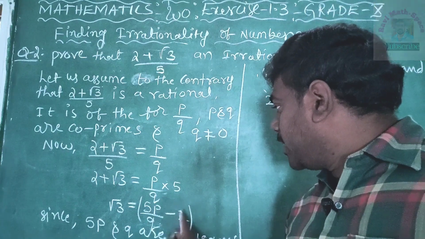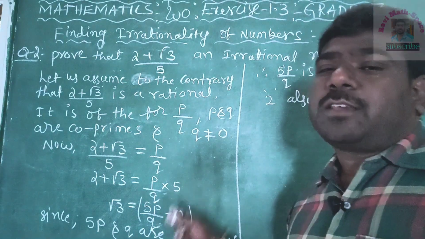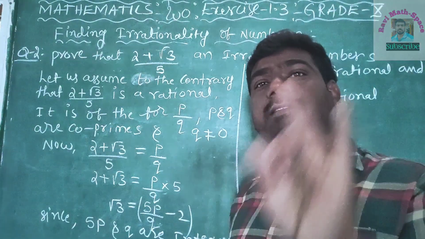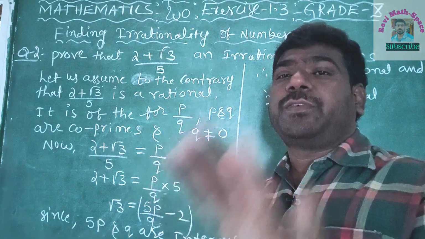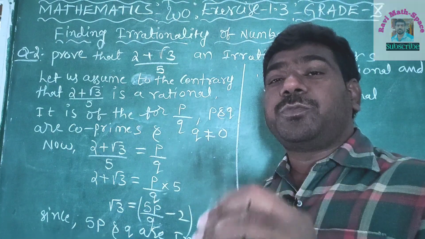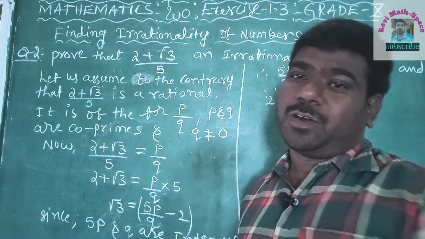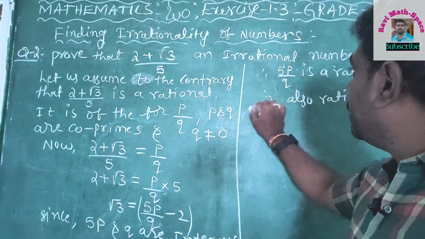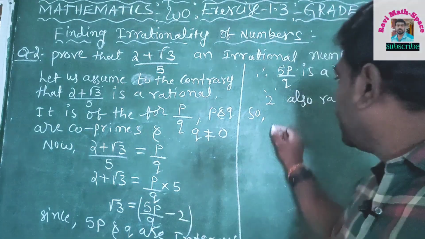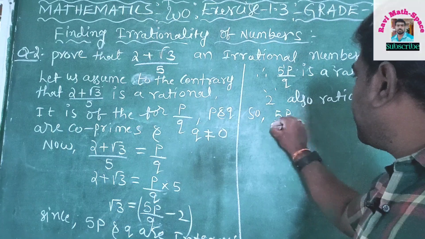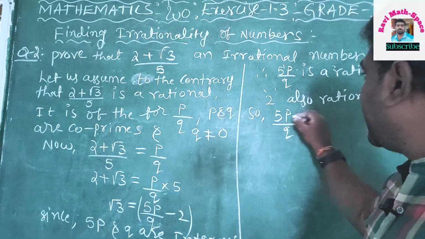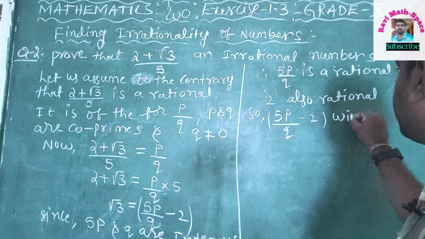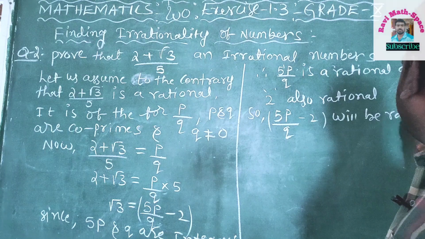But here, what operation is it? Subtraction. Already we know the fact: addition, subtraction, multiplication, division of rational numbers, the result is always a rational number only. So I can write 5P by Q minus 2 will be rational.